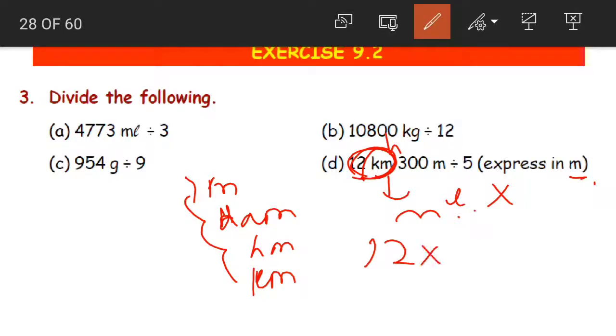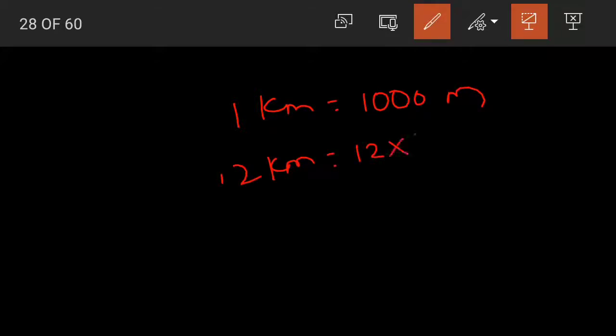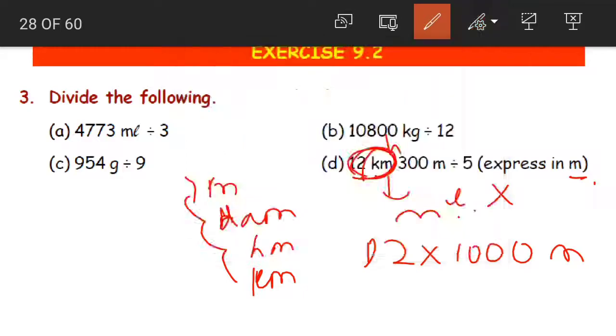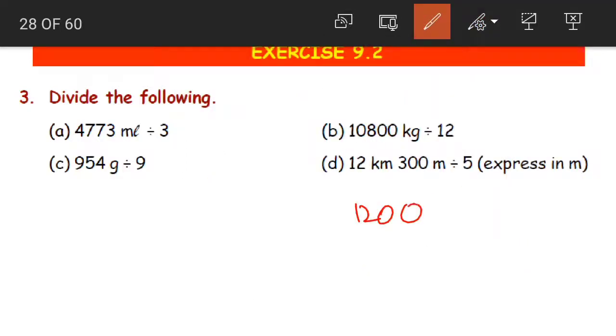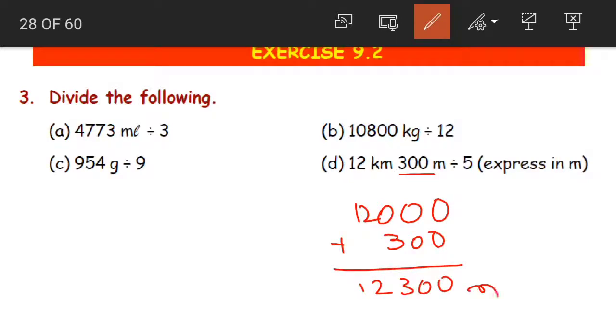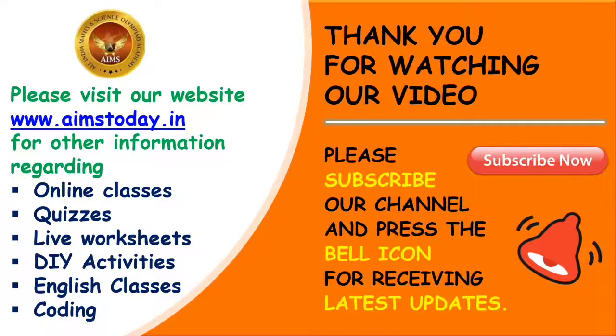So 12 will be multiplied by 1000. As we all know, 1 kilometer is equal to 1000 meters. So 12 kilometers is equal to 12 into 1000 meters, that is nothing but 12,000 meters. Plus we already have 300 meters. The answer will be 12,300 meters. Now these meters, when we divide by 5, we will get our answer.